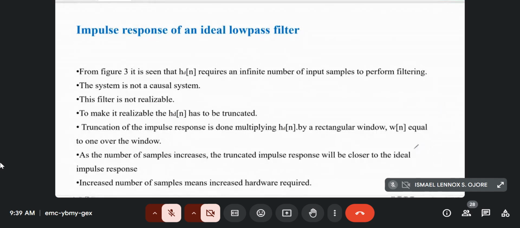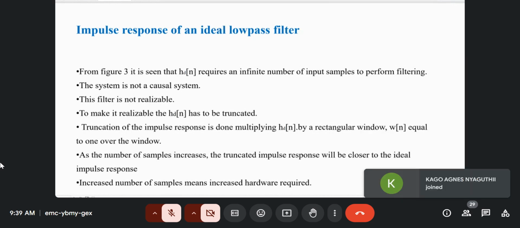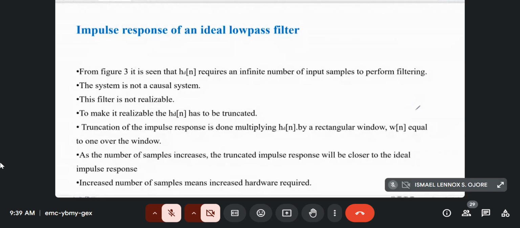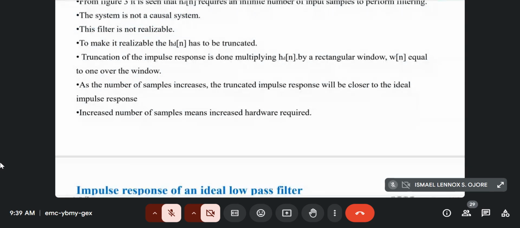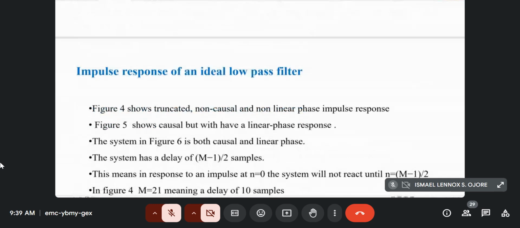Could it be trade-off? Oh, trade-off. Okay, trade-off is a word. There's still another word, but it's basically a trade-off. Yeah, that's a good word.